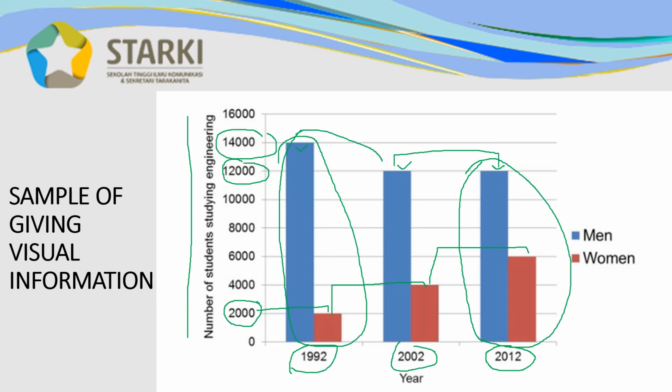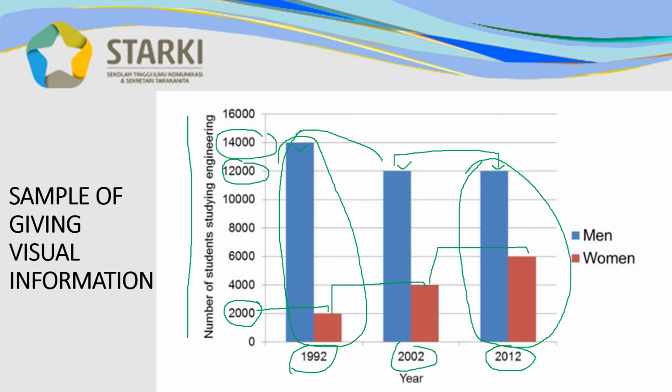Other things to outline: first, male students still become the majority, taking bigger numbers than female students. Second, in 2012, the number of female students increased sharply.